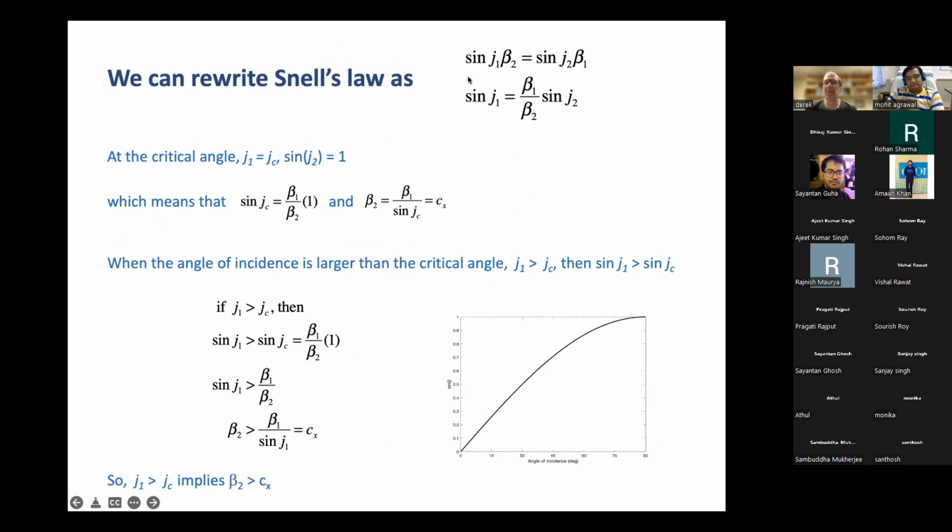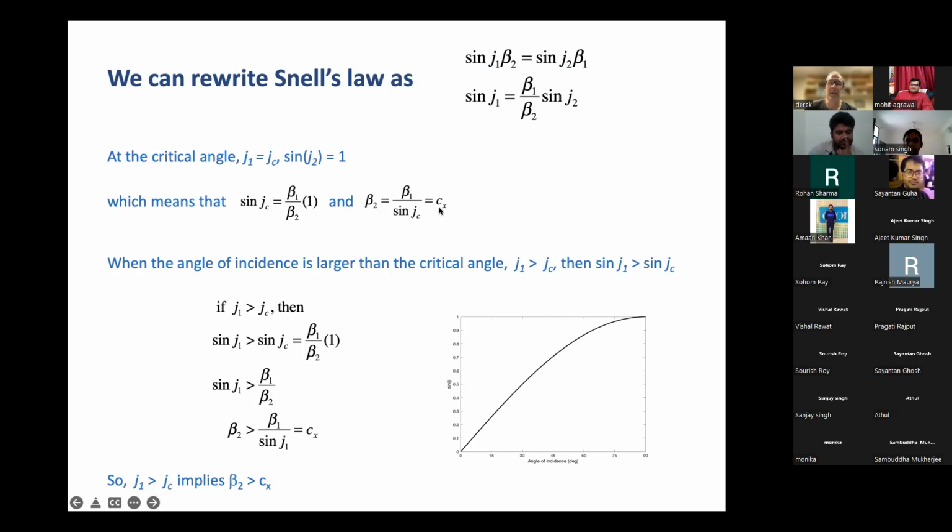So we can rewrite Snell's law as sine of J1 times beta 2 equals sine of J2 times beta 1, or alternatively, sine of J1 equals beta 1 over beta 2 times sine of J2. At the critical angle, sine of J2 equals 1. So that means that sine of the critical angle equals beta 1 over beta 2, and beta 2 equals the horizontal apparent velocity.